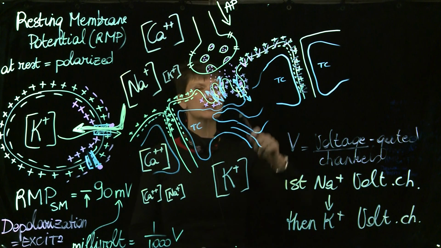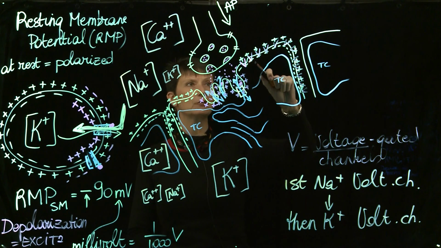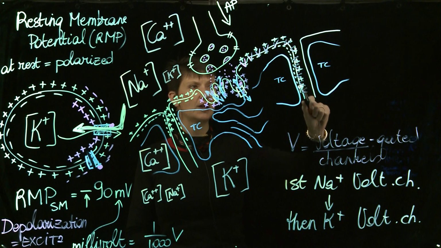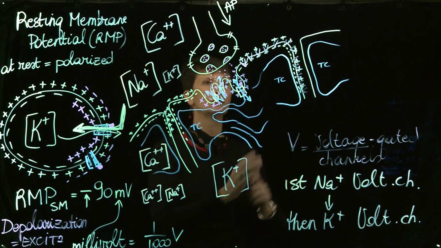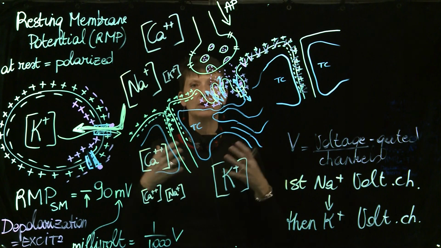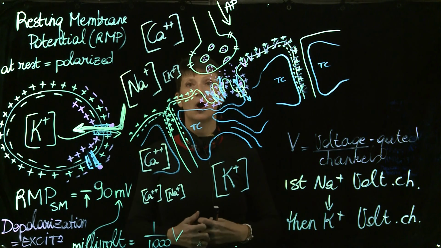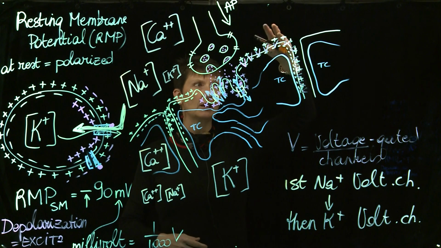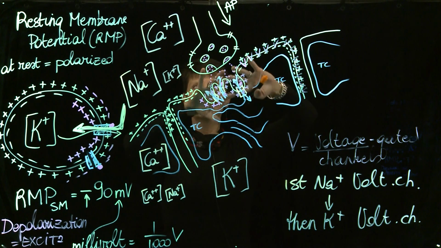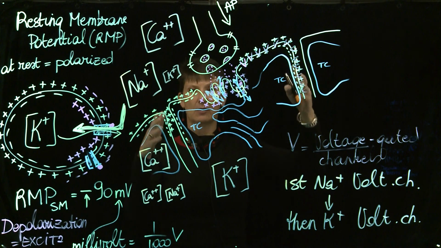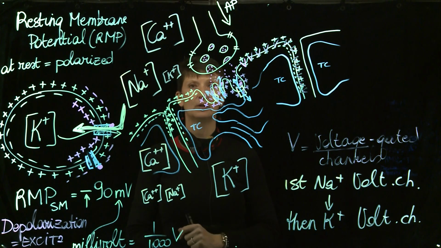And when this process occurs, where we first see the opening of sodium voltage-gated ion channels, immediately followed by the opening of potassium voltage-gated ion channels, we are essentially seeing our action potential recreated and moving down our T-tubules. And again, this occurs wherever there are T-tubules and sarcolemma.